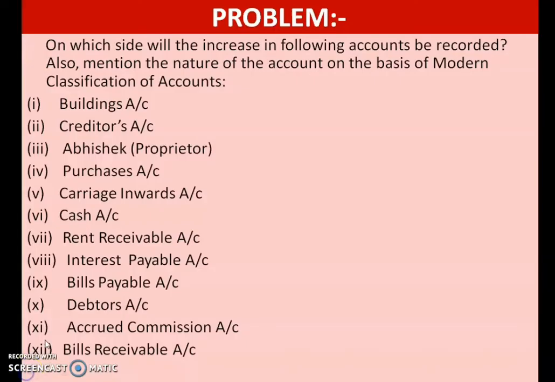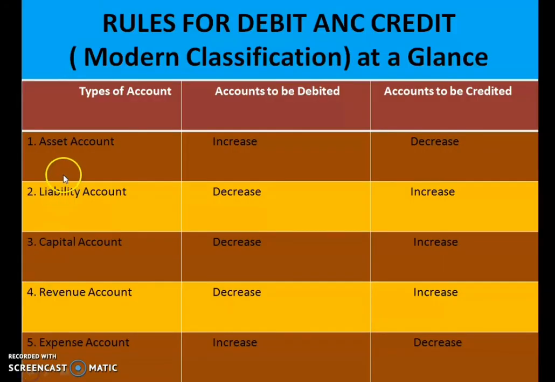Now the next item, the tenth item, after we saw what to do with bills payable, is debtor. Debtor is a person from whom we have to receive the money for the credit sales. So debtor is our asset. We have to receive from him, so that is our asset. If asset increases, what is the rule telling us? If asset increases, you have to put it on the debit side.